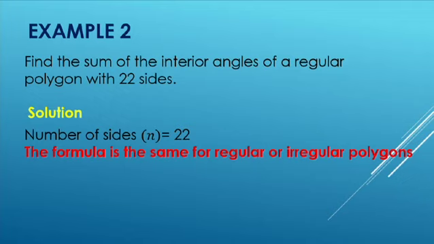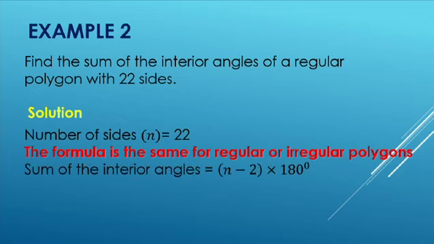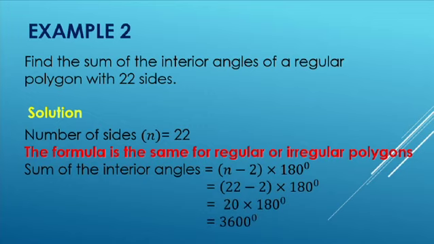The formula is the same for regular or irregular polygon. So the sum of interior angles is (n minus 2) times 180 degrees. So that will be (22 minus 2) times 180 degrees, right? So that's 20 times 180 degrees, which is 3600 degrees.